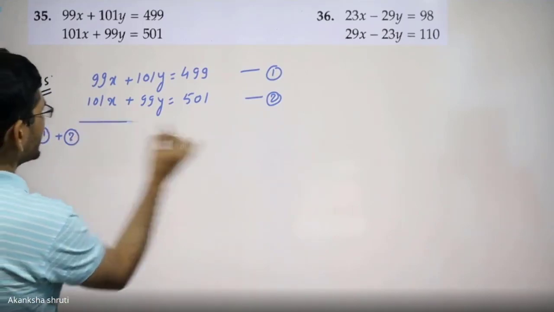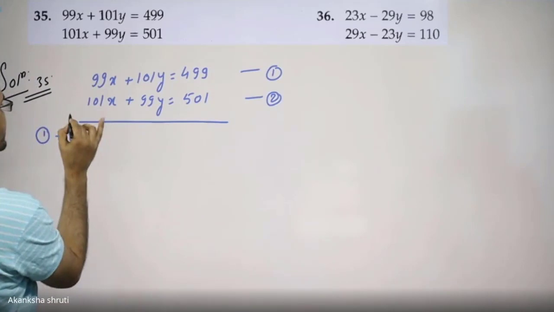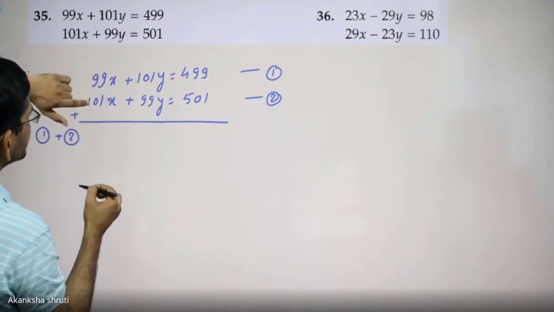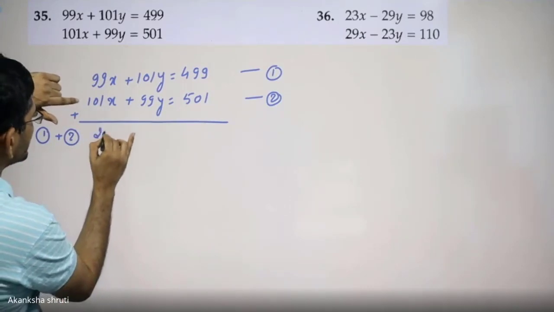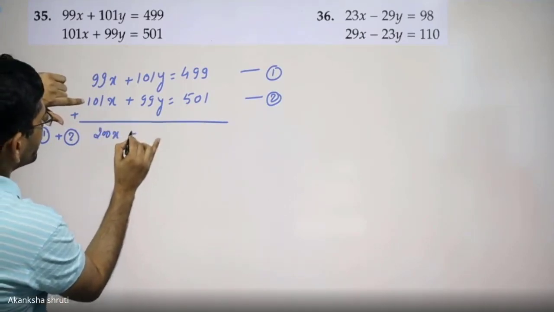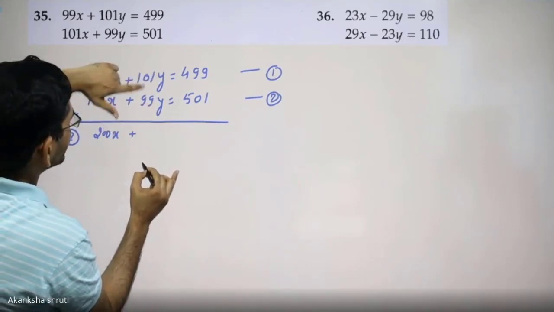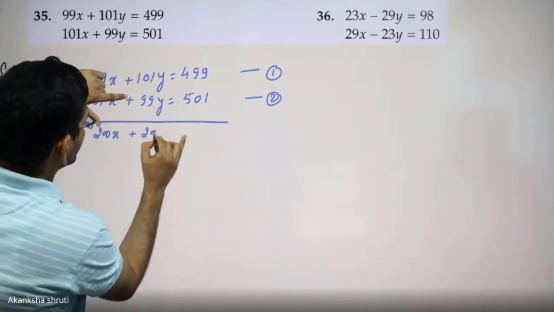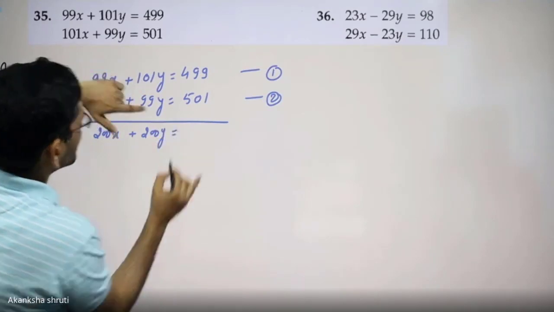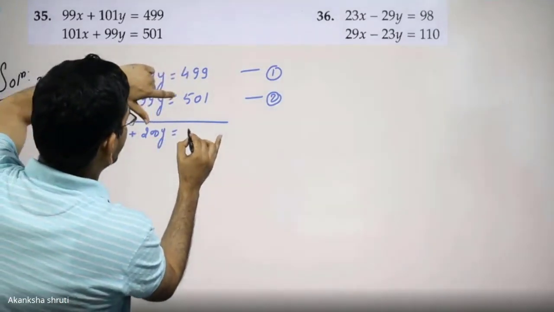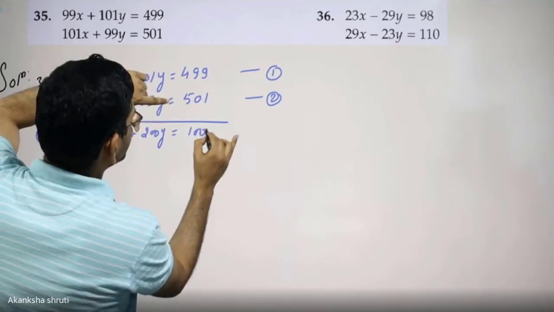While you are adding these two equations, we have this x on left hand side, 99 plus 101, it is going to give us 200x, plus this y also will get added, 101 plus 99, it will also give us 200y. On right hand side, we have 499 and 501 is 1000.